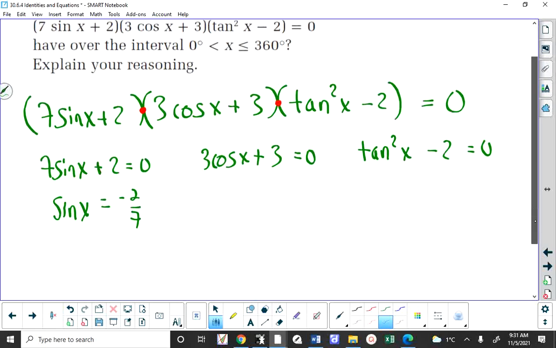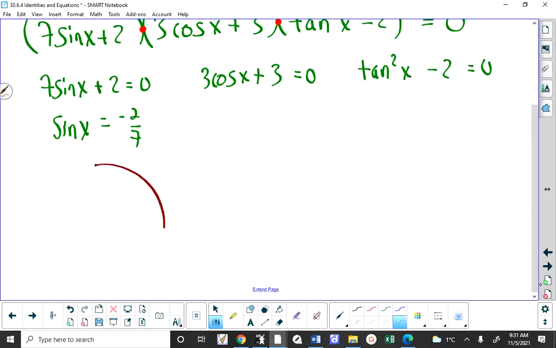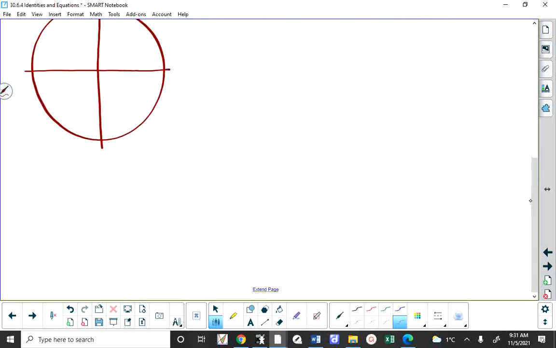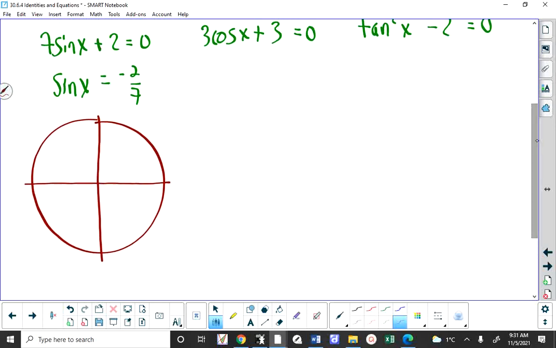So if I were to look at the unit circle, remember on the unit circle the radius is 1. This is negative 1. So negative 2/7 is some number in here. And I can see that there will be 2 locations, which means from 0 to 360, I'm going to run into 2 solutions.